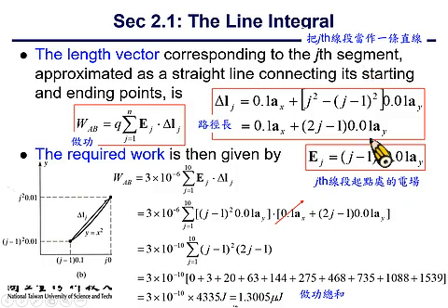So you substitute the representations for dL and E into this equation, and you can calculate the total work done for this problem as 1.3 microjoule.